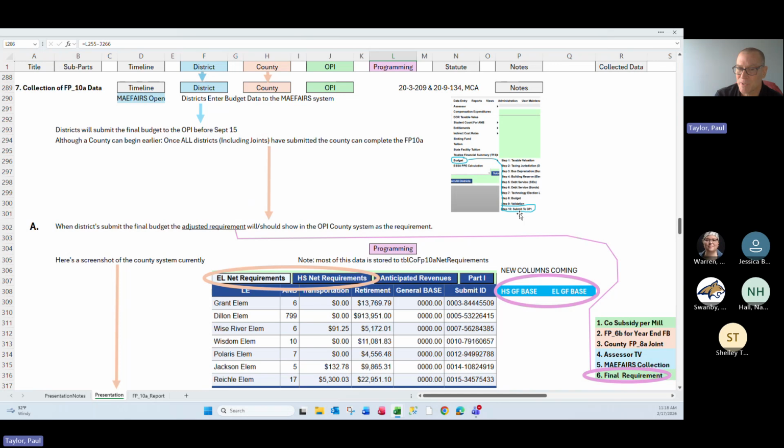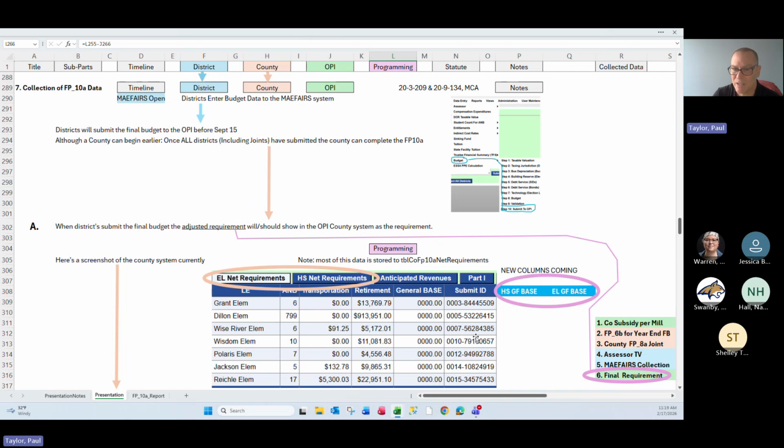Information that's required for retirement, the retirement requirement of the district, goes into our county database, the county system in this FP10A area. What's going to happen in the future is that when you hit this button, the adjusted requirement area for the district is going to go into the county database.